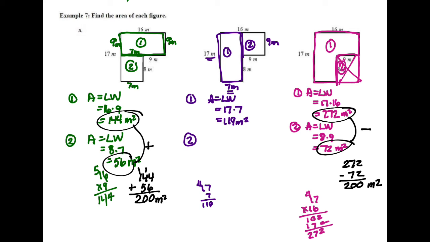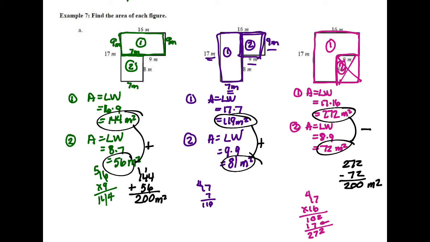Rectangle 2, area equals length times width. So this one is 9 by 9. So it's actually a square, isn't it? Okay, and this one added to this one now.